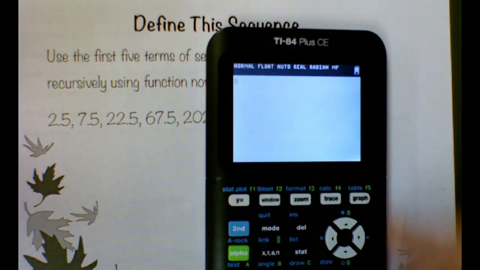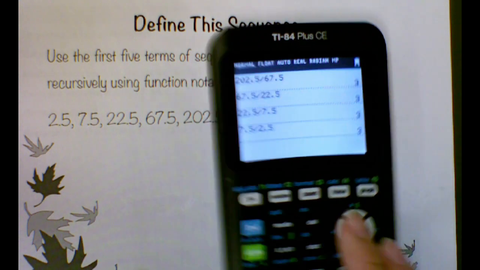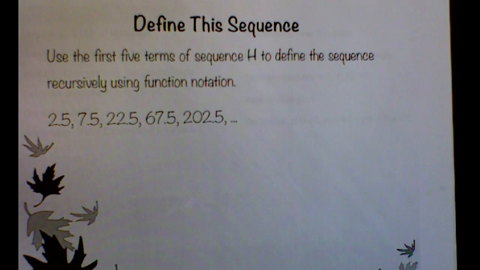So I'll show you what I'm dividing here. 202.5 divided by 67.5. How about 67.5 divided by 22.5? 22.5 divided by 7.5. 7.5 divided by 2.5. Look at that, I always got 3. That means it is geometric. We have a common ratio of 3.